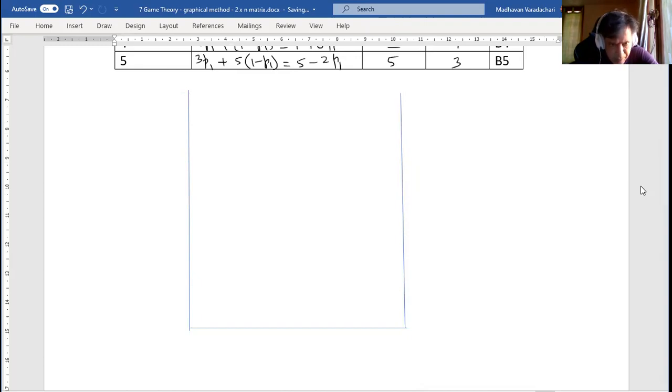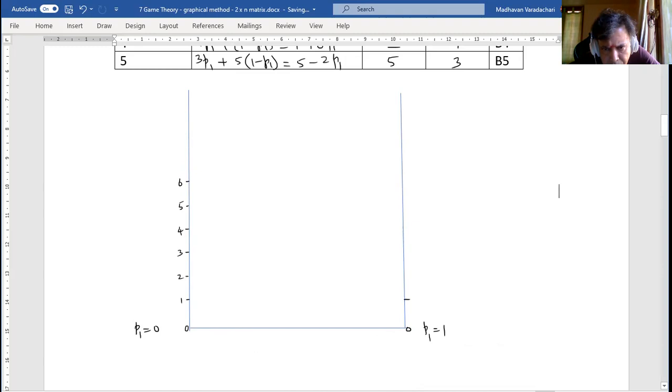So I'll put here 0, 1, 2, 3, 4, 5, 6. Here we will say P1 is 0. Here we will say P1 is 1. Means these are all fractions between 1 and 0. This horizontal line starts with 0 and ends with 1. That is the meaning of it. Here again, the origin is considered as 0.